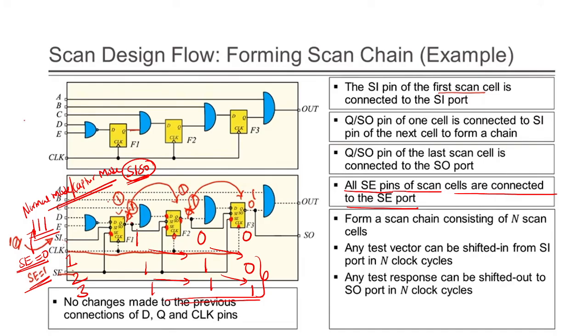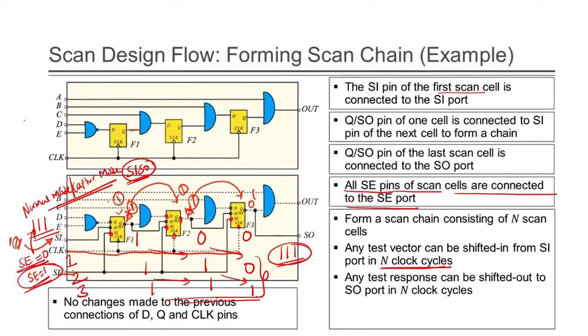So how many scan inputs can we give when it is operating in shift mode? How many levels are there? Three levels are there, so I can give 3 bits. So any test vector can be shifted in at the SI port in how many clock cycles? N clock cycles.